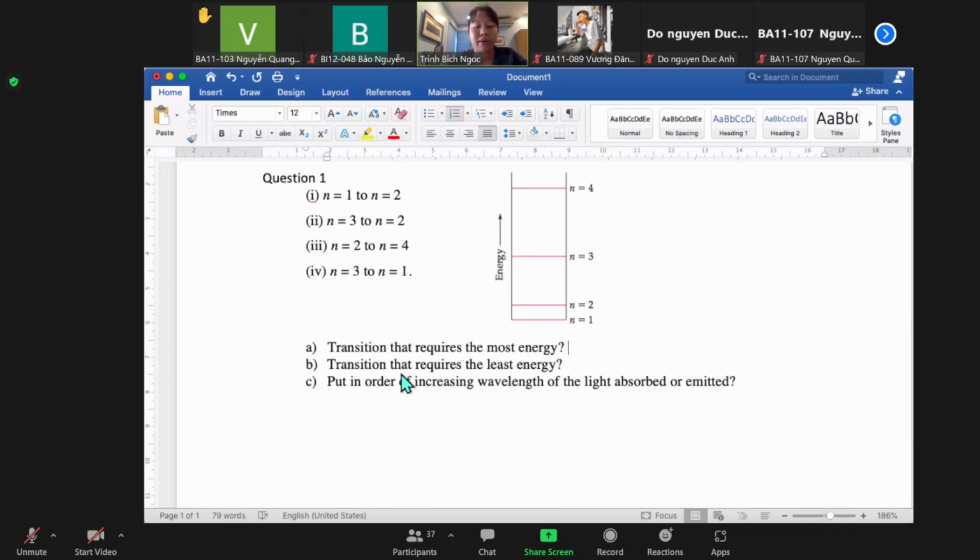Okay, correct. 3. This is from 2 to 4, from level 2 to level 4. So the transition that requires the least energy is transition 2. So my question for you is, for these 4 transitions, which transitions require energy?